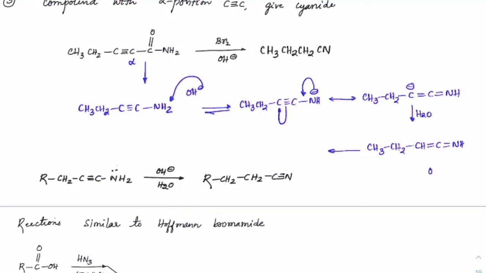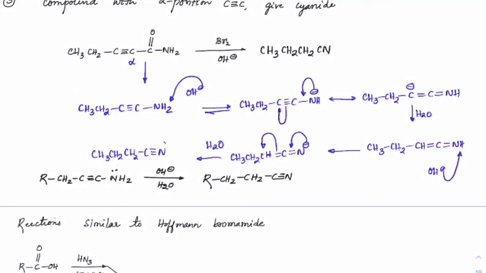OH minus is attacking this H, removing that, so we will get CH3, CH2, CH double bond C double bond N minus. So it will close here, C minus is formed. Again on hydrolysis we will get cyanides. So CH3 CH2 CH2 C triple bond N. So that will be the final product.